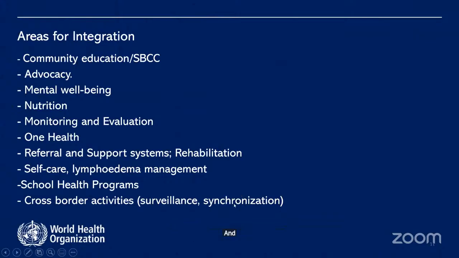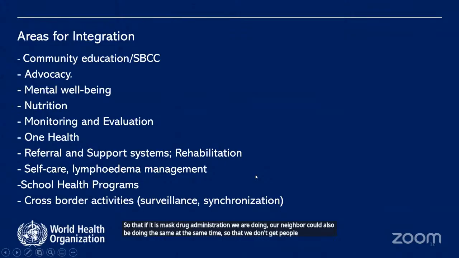We can also talk about synchronization, where two countries can decide to undertake some of these community-based activities around the same time, so that if it is mass drug administration we are doing, our neighbor could also be doing the same at the same time, so that we don't get people running across the borders and missing these interventions.